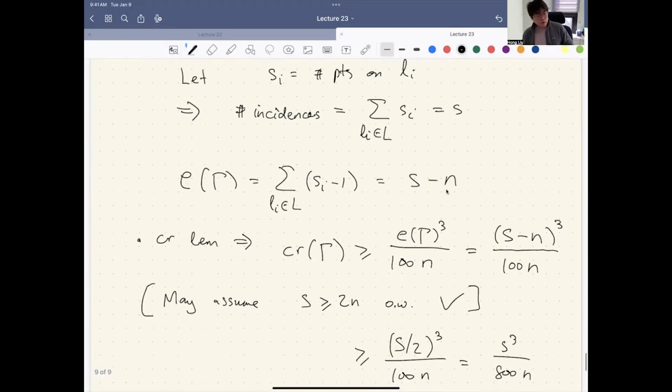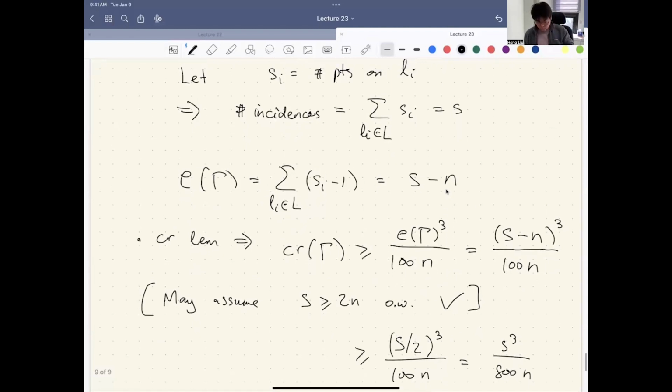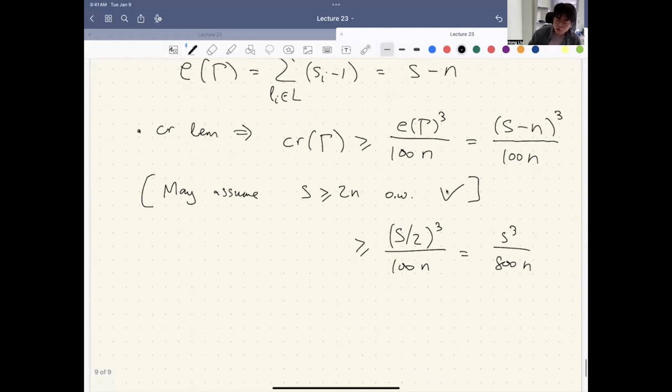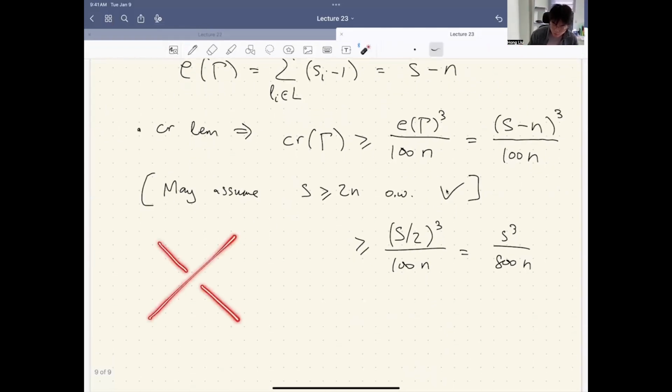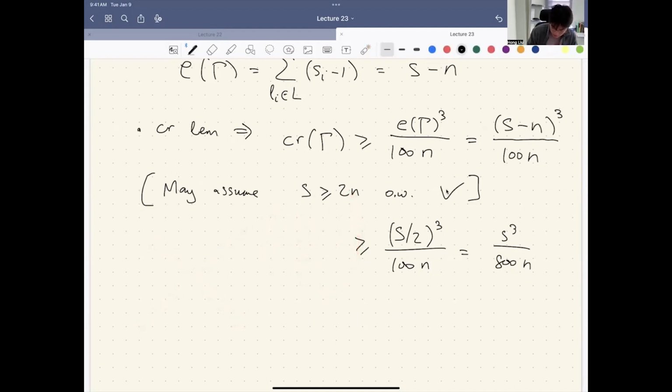What about the upper bound? Trivially, a crossing involves two edges, so the number of crossings is at most the number of edges of gamma choose 2.